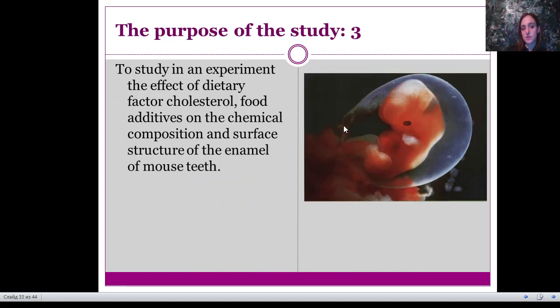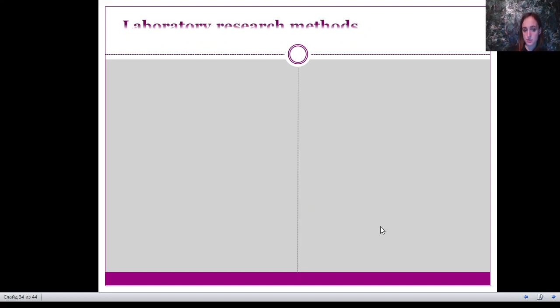The purpose of the study is to study in experiment the effects of dietary factor cholesterol and food additives on the chemical composition and surface structure of enamel of teeth in mouse.